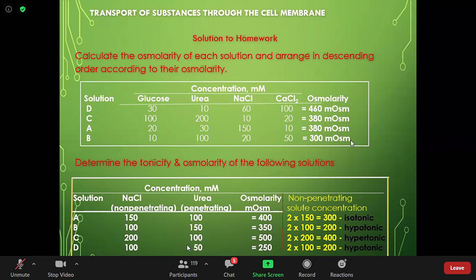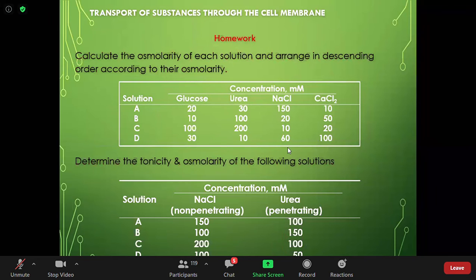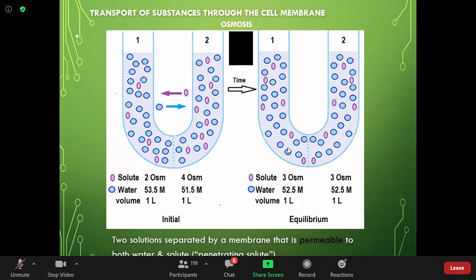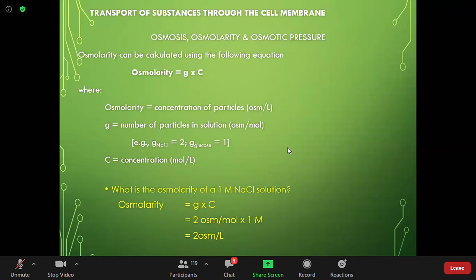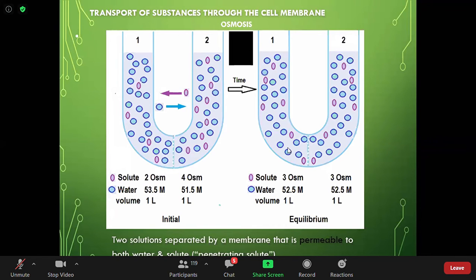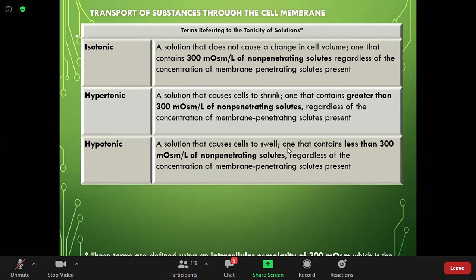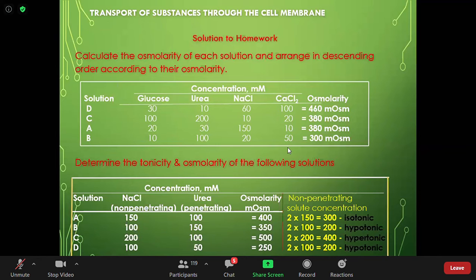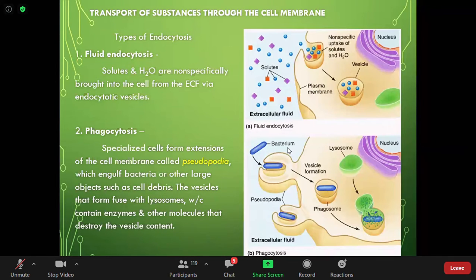How did you get this? That one. G times C, right? That is the formula. So, glucose is 20. Urea is 20. Sodium chloride.